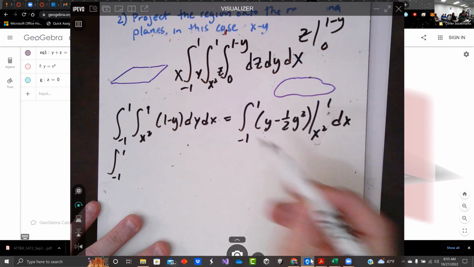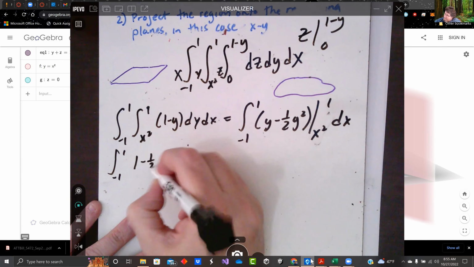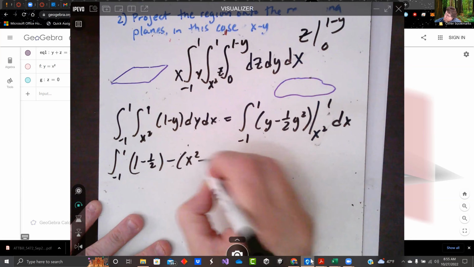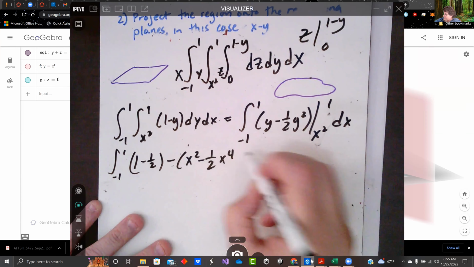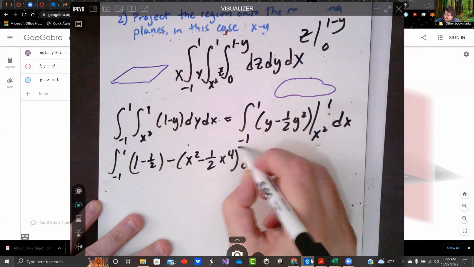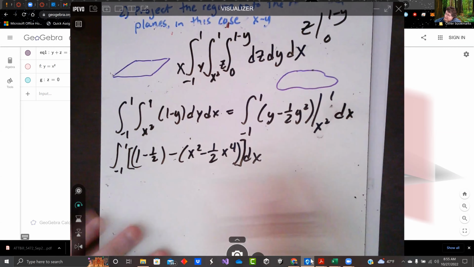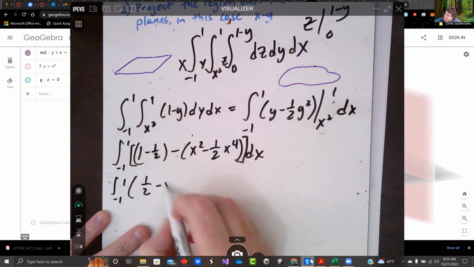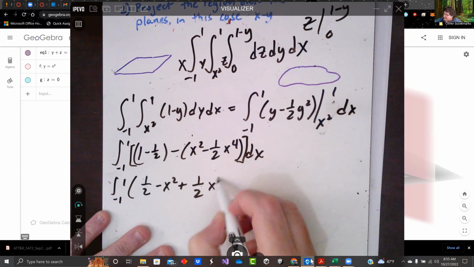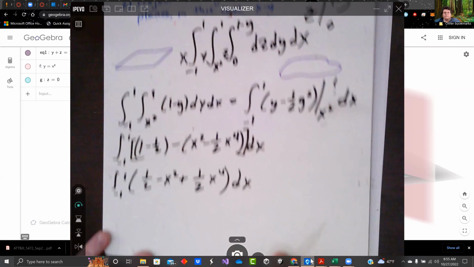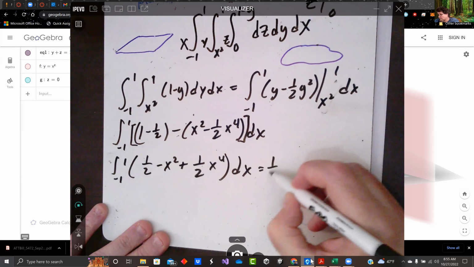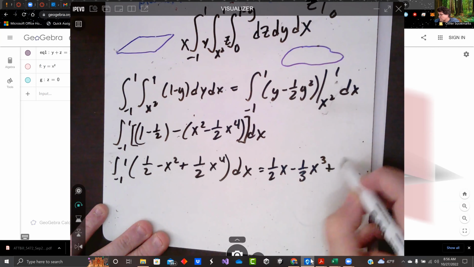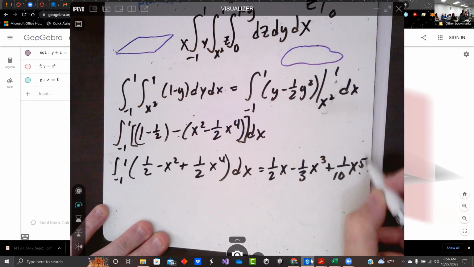I've got 1 minus 1/2 minus x squared minus 1/2 x to the 4th dx. So what is that? -1 to 1 of 1/2 minus x squared plus 1/2 x to the 4th, plus 1/10.